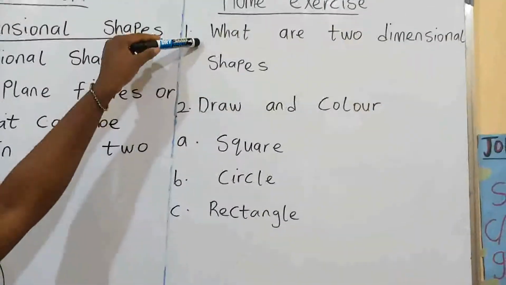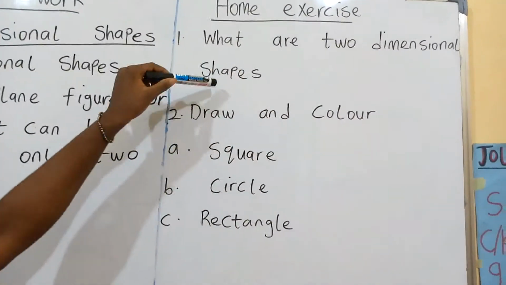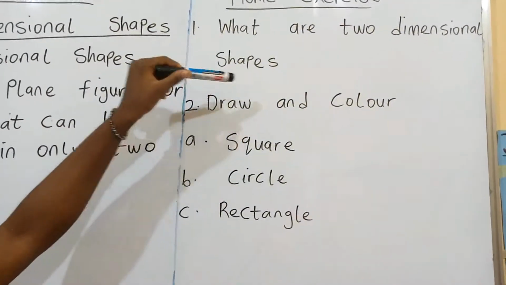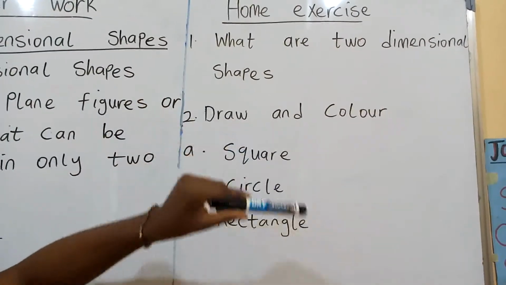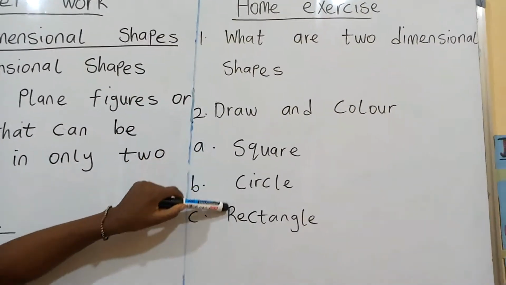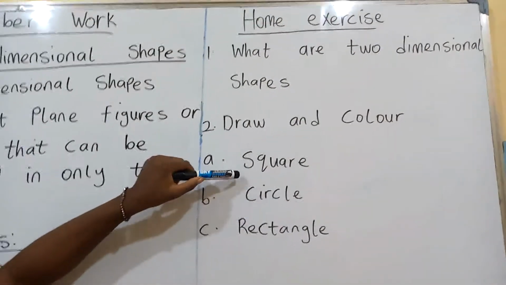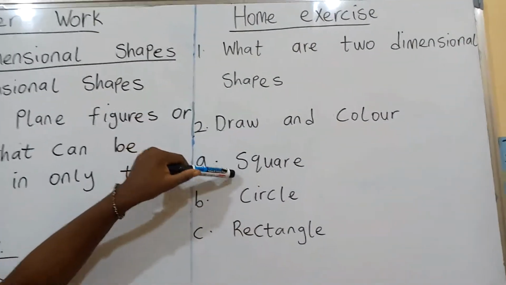The first one says, what are two-dimensional shapes? And the second one says you should draw and color. What exactly are you drawing? These shapes here. I believe we are still with our crayons. So while you are coloring, pick a nice color and color.